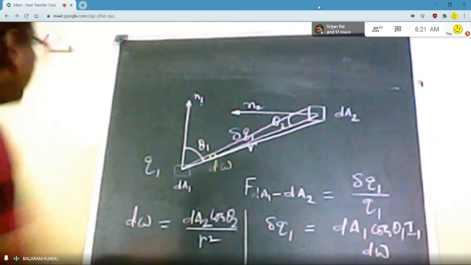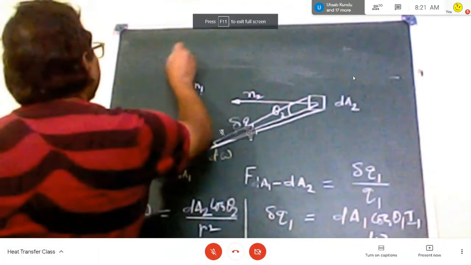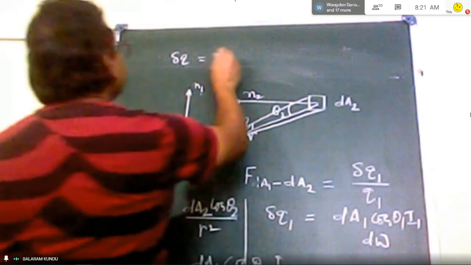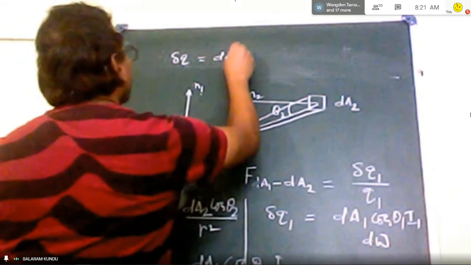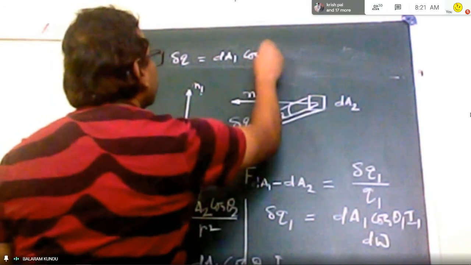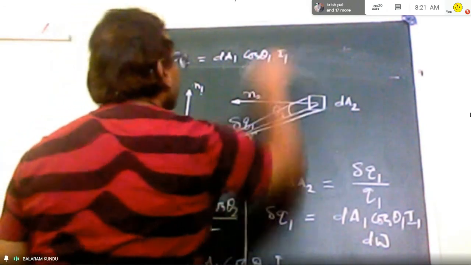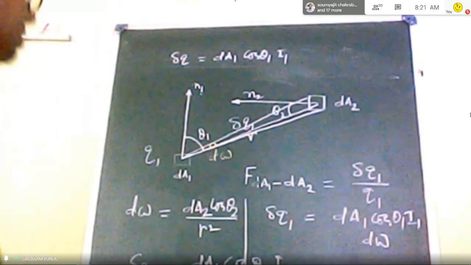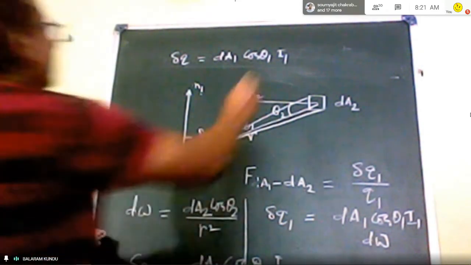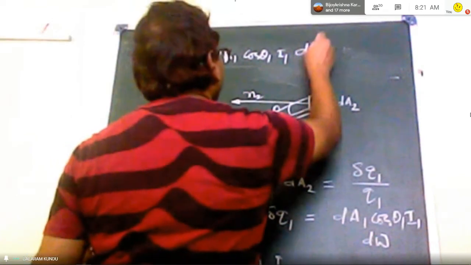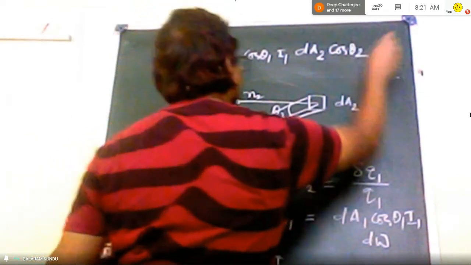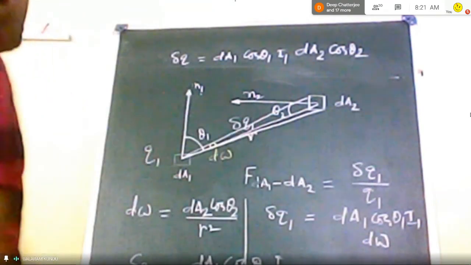So I can write here del Q equal to dA1 cos of theta1 into I1 into d omega, that is equal to dA2 into cos of theta2 divided by R square.